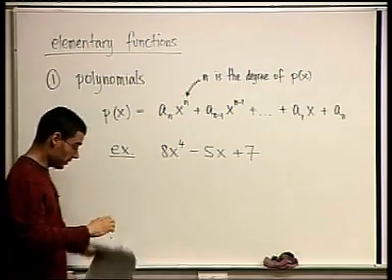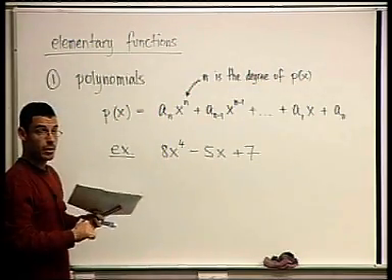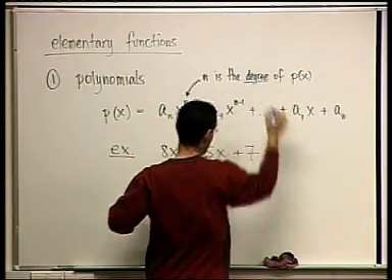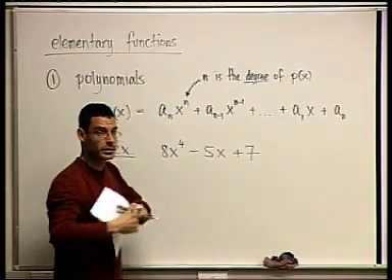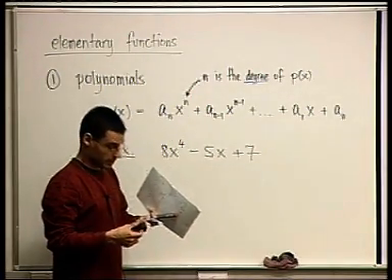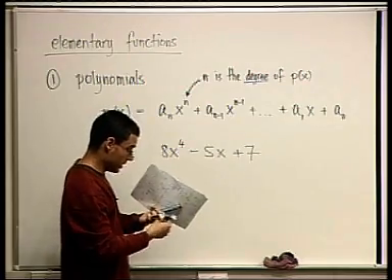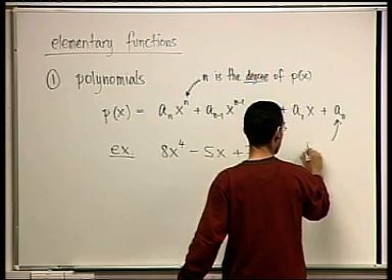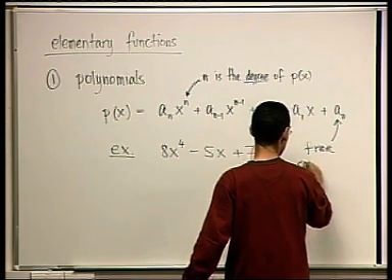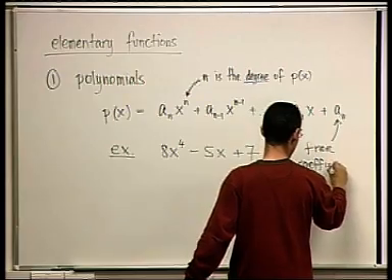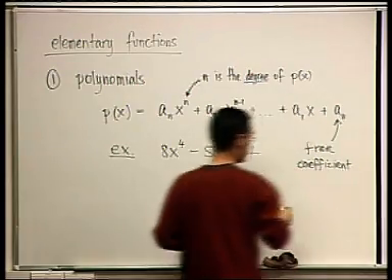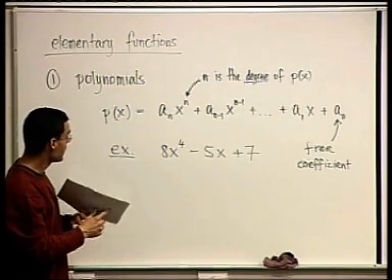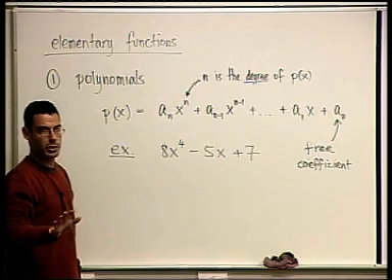So this is a polynomial of degree 4. And do you know what this a0 is called? It's just a number, right? But it has a name. a0 is called the free coefficient. It doesn't have x's. So you've all met polynomials before and worked with them, right?